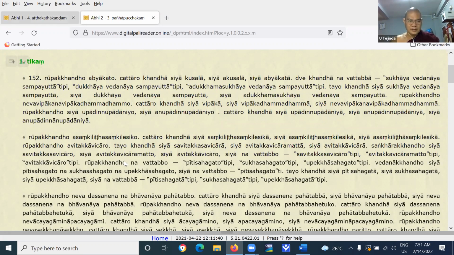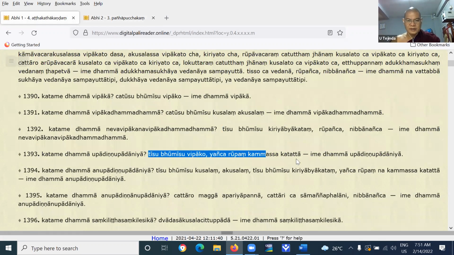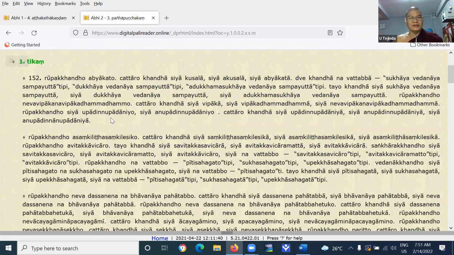Rupa Khanda here: tisu bhumisu vipako yanca rupa, kammasamutthana, so kammaja rupa, upadinnupadaniya. You have a vipaka citta and kammaja rupa. That's why here Rupa Khanda siya upadinnupadaniyo. Rupa Khanda is a part of upadinnupadaniya.